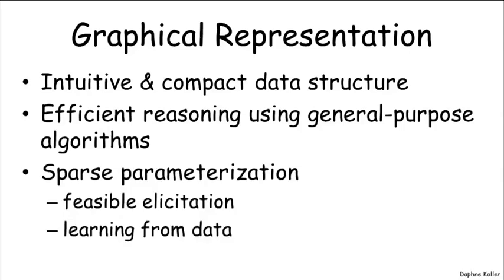And because of the way in which the graph structure encodes the parameterization of the probability distribution, we can represent these high-dimensional probability distributions efficiently using a very small number of parameters, which allows us both feasible elicitation by hand from an expert, as well as automatically learning from data. And in both cases, a reduction in the number of parameters is very valuable.